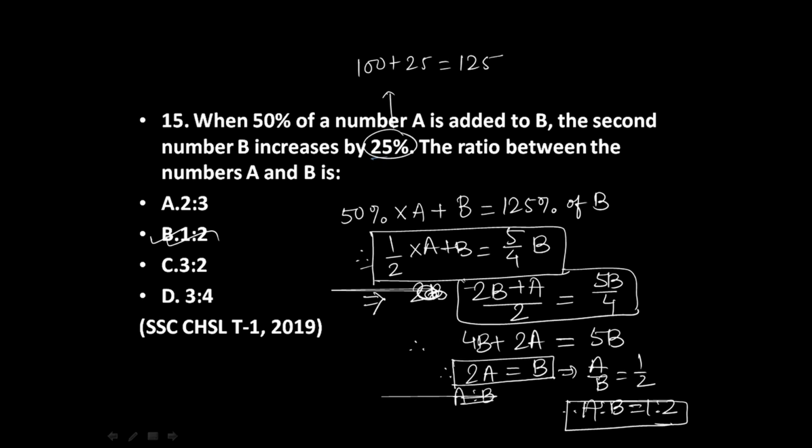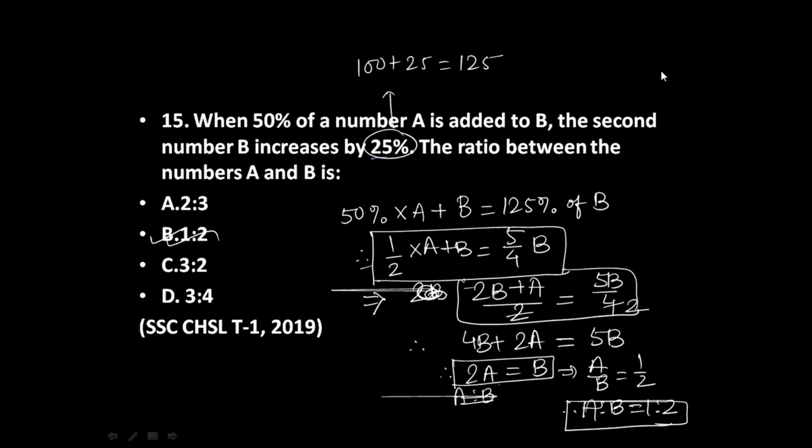Why? This 2 and 2 will be gone, so it's 4B plus 2A. You should do this in your mind. So here you will see 2A is equal to B, which means A is to B equals 1 is to 2. You just have to solve like this. The process I am saying, you have to solve like this. Okay, I hope this is clear to you.